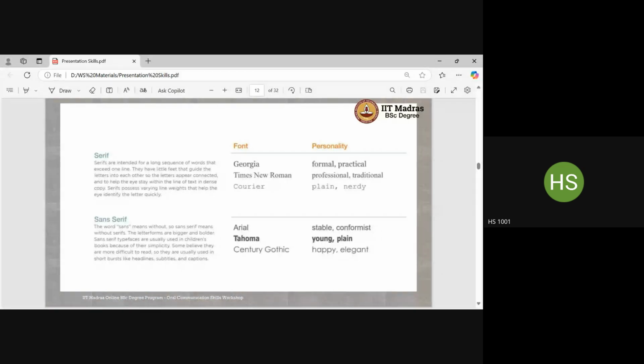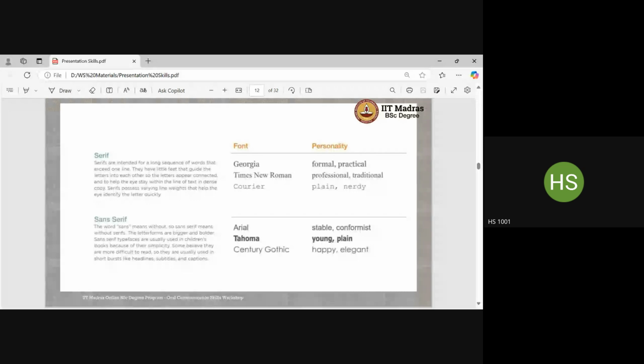When there is a long paragraph, for instance, ideally there should not be long paragraphs, but bulleted point after bulleted point of text in a slide, then it is better to use a serif font, because that little foot will guide the letters into each other and the letters will appear connected. The reading process will be a little easier, right?